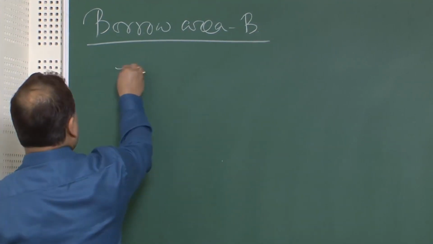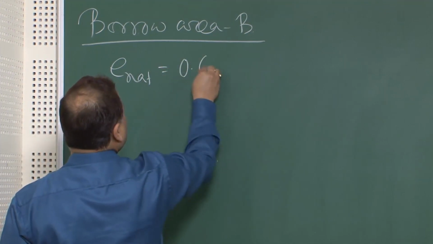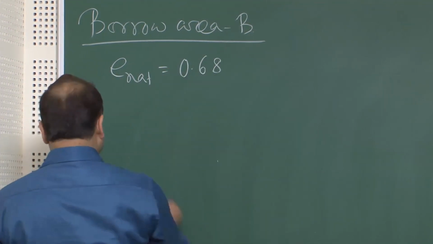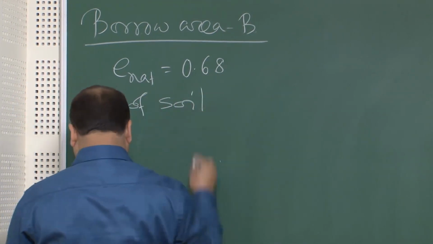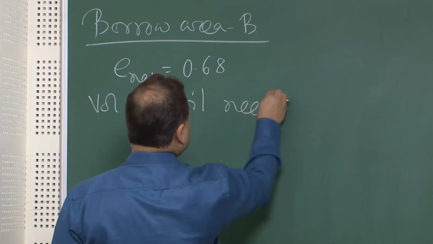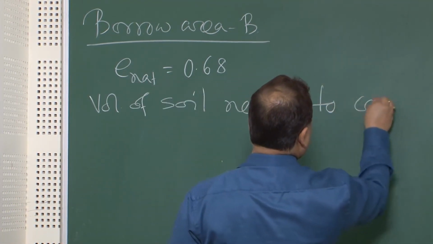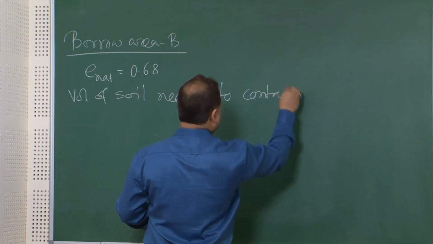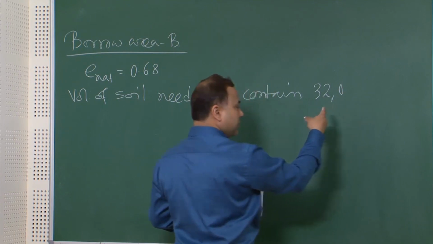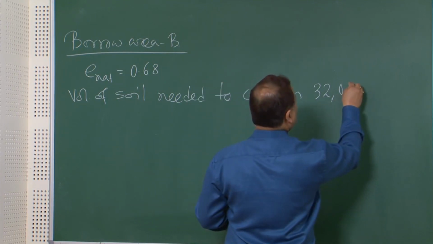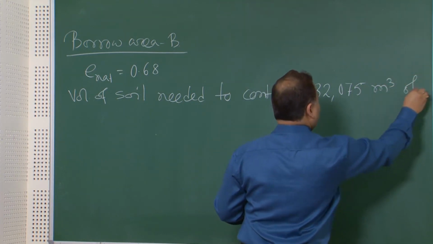for borrow area B, your e natural is given as 0.68. So the volume of soil needed to contain that remains the same, 32,075 cubic meter of solids.